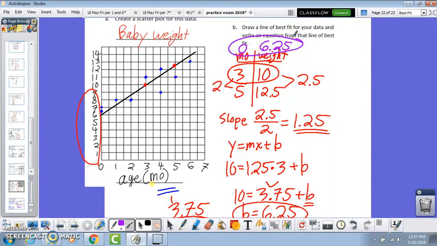And so let's think about a baby that's age 0 and its weight is 6.25. How does that make any sense? If you remember, the only time you're age 0 is when you're first born.